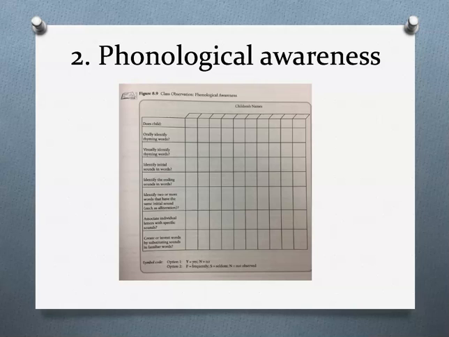So this one you would use exactly the same way, jotting down the date on top and then marking either with a yes or no or with a frequency check.